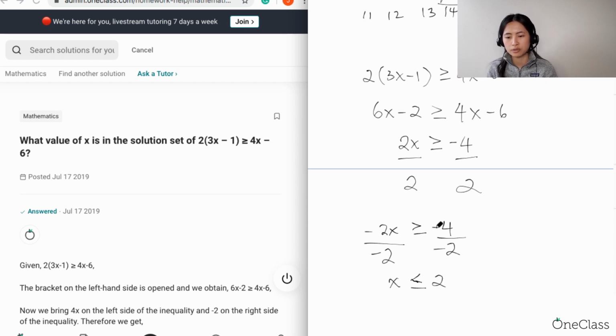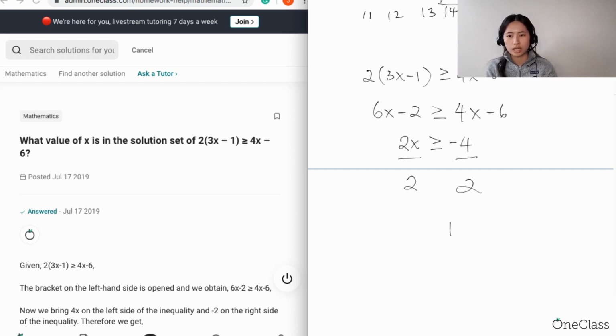Even if you kept the negative sign on the 4, it doesn't influence the direction of this inequality symbol. That's my whole point with inequality, and that's the key point that a lot of students tend to forget.